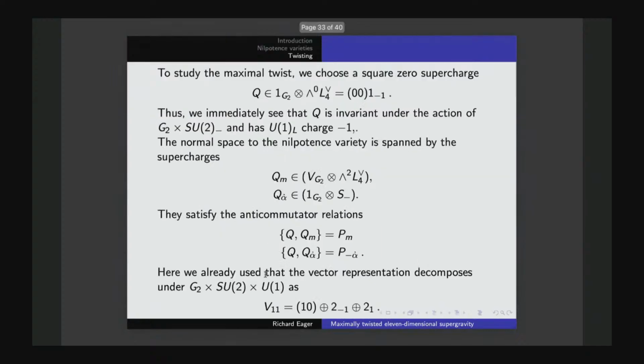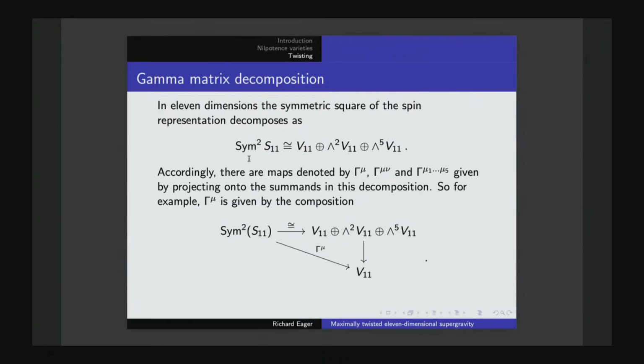Okay, so we have the decomposition of the supercharge, and this is the charge we twist by. So we want to decompose all the fields, and we furthermore want to decompose all the gamma matrices because they appear in the supersymmetry transformations. And maybe just to remind you, the symmetric square of the 11-dimensional spinor representation decomposes as a direct sum of 3 irreducible representations.